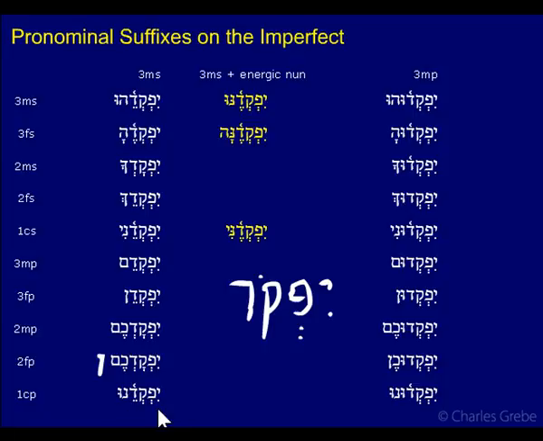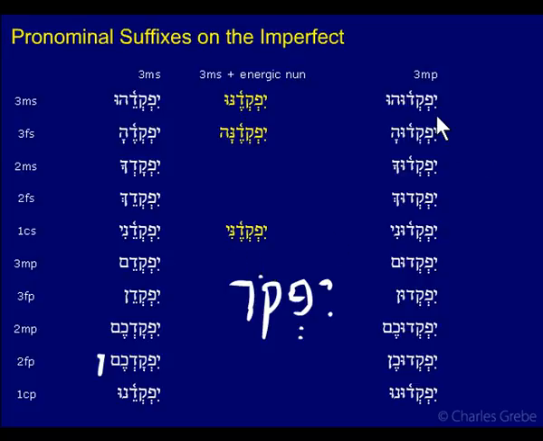Yifkedenu. So here we're back to the reduction to a shva, pretonic reduction. So pretonic reduction, except sometimes you get, instead of reduction to a shva, you get reduction to a qamets hatuf. And over here, with energic nun, you also get reduction to the qamets, or to the shva. So yifkedenu, yifkedena, yifkedeni.